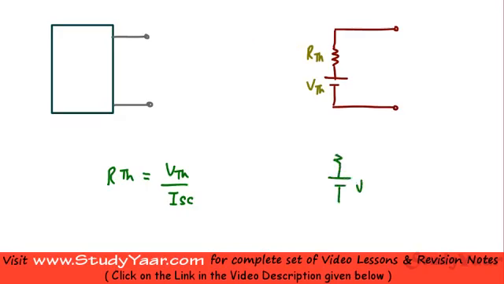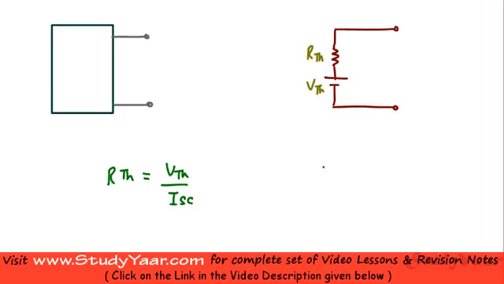Now if you recollect the source transformations we had seen, whenever we had a voltage source in series with a resistance, we can always transform it into a current source having the same resistance in parallel, and the strength of this current source is given by V upon R. So this equivalent Thevenin's circuit we can transform into a current source with a resistance in parallel.